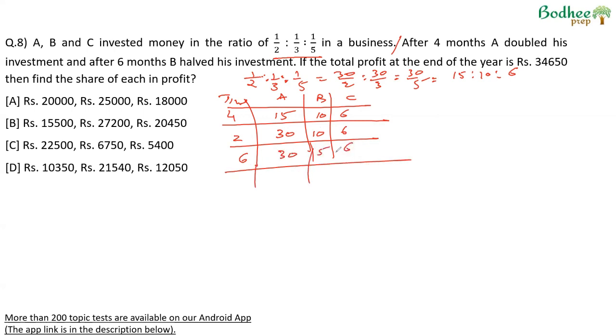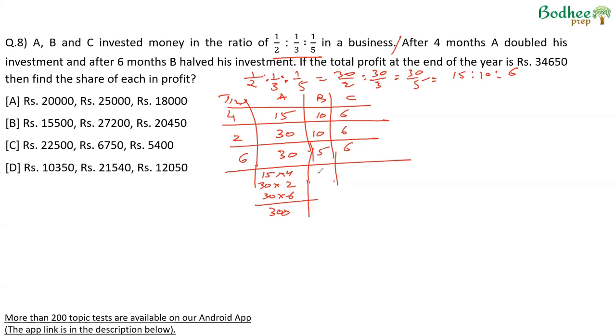So if we look at A, B, C, the investment for A will be 15 into 4, 30 into 2, 30 into 6, which will come out to 300. That is 60, 60, 180.